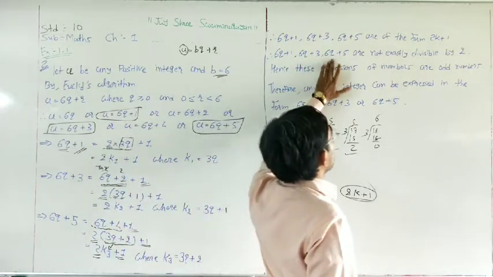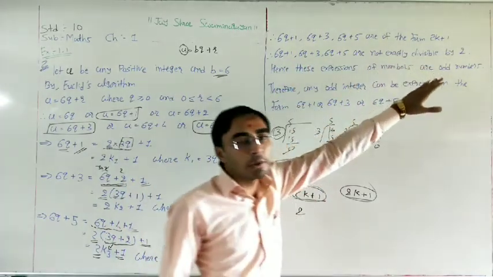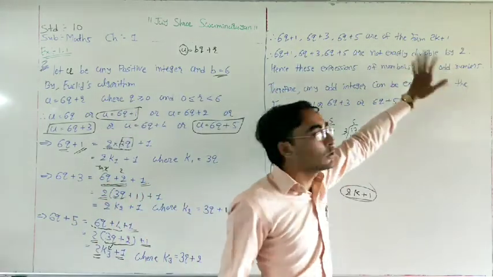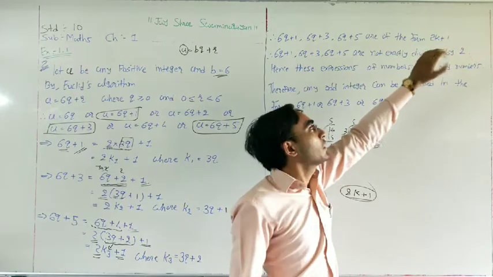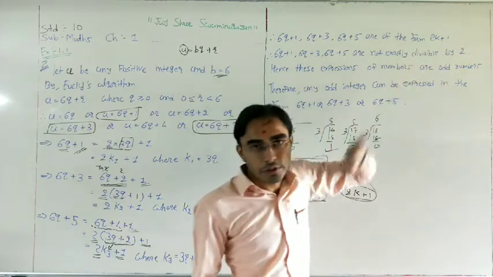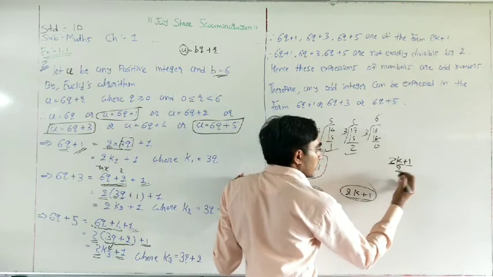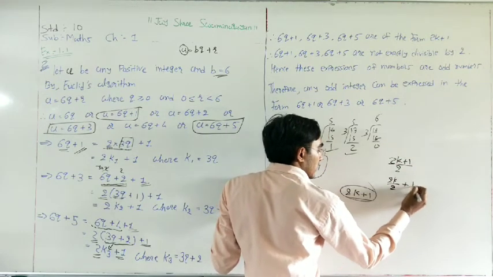So 6q plus 1, 6q plus 3, 6q plus 5 are not exactly divisible by 2. Why? Because it is in the form of 2k plus 1. You cannot divide 2k plus 1 with 2. Because if you divide 2k plus 1 by 2, then 2k by 2 and 1 by 2.